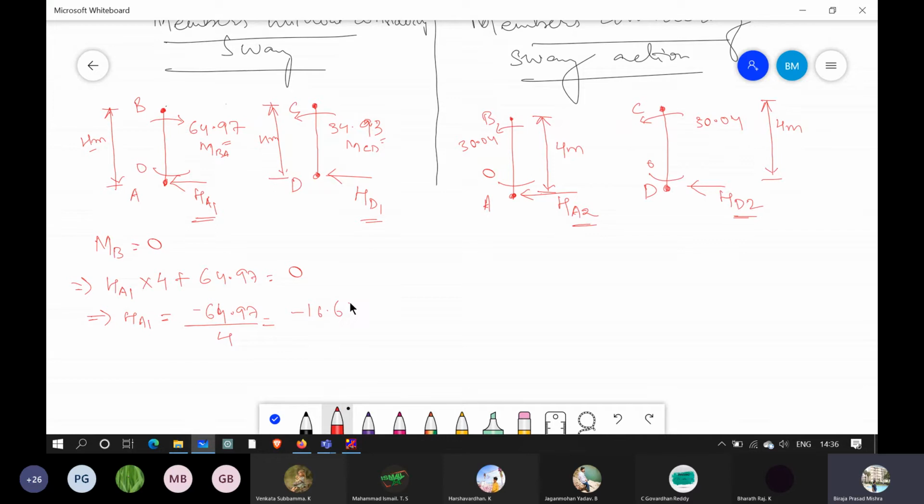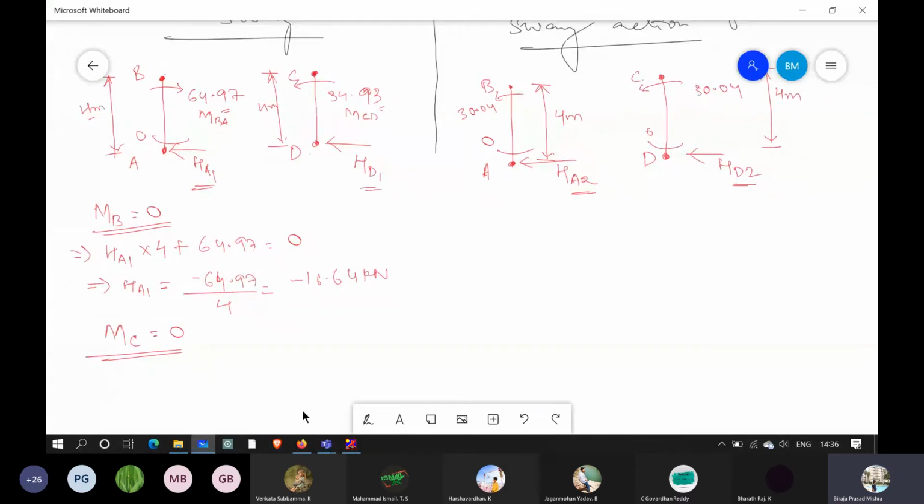Now similarly, if I take moment about C equals 0, I will have HD1 into 4 minus 34.93 equals 0.